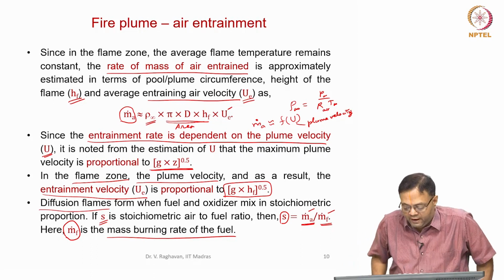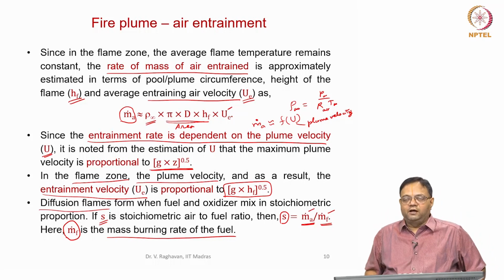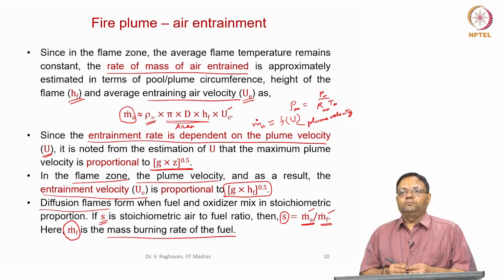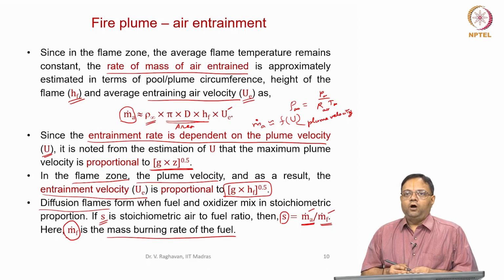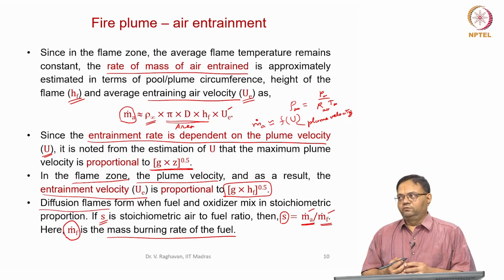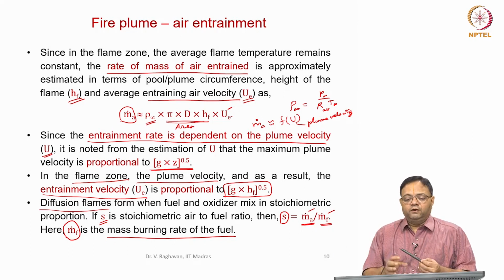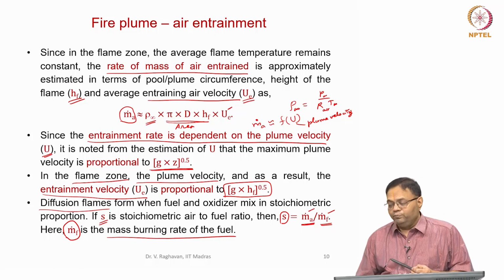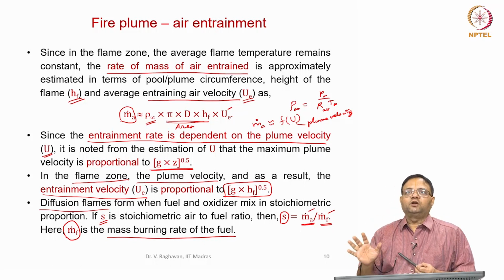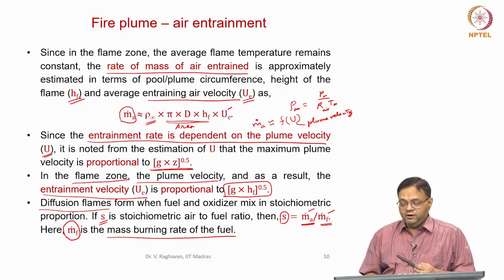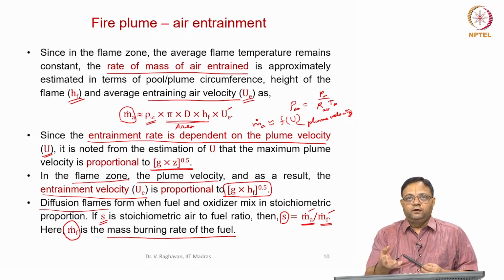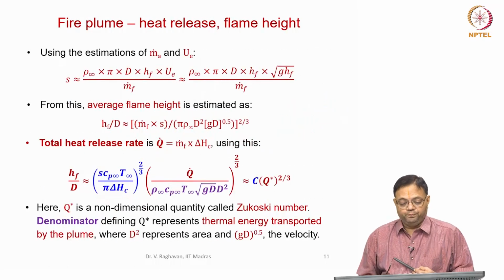So again you can see that a lot of unknown terms are there. Either we need some theoretical analysis or we need some experimental analysis to work on this and get the values of the quantities. But as I told you, here we are trying to just see the factors which are affecting several quantities like average plume velocity, the air entrainment rate and so on.